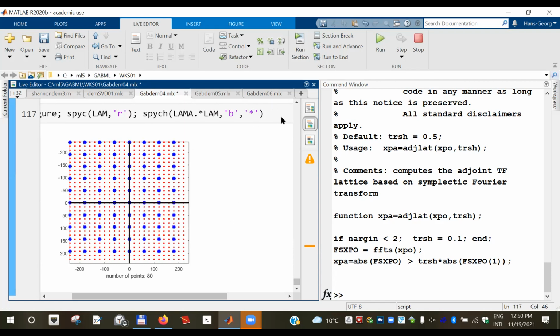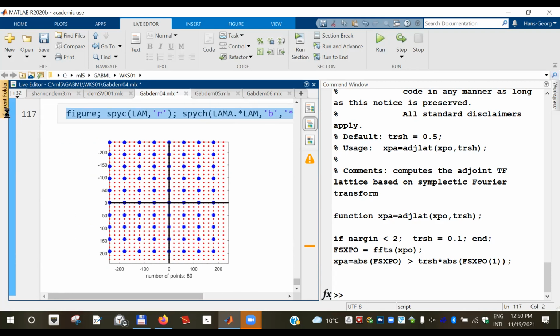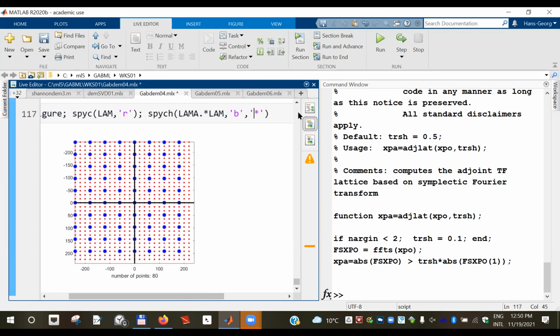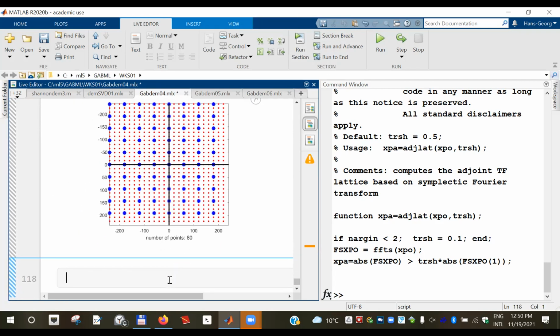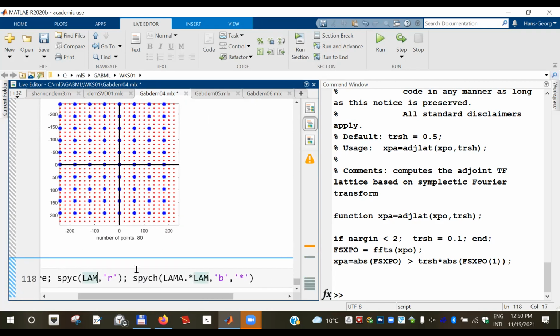So, and maybe now, since it's working now, I just copy it, take a new section and do the same thing now with a joint lattice.